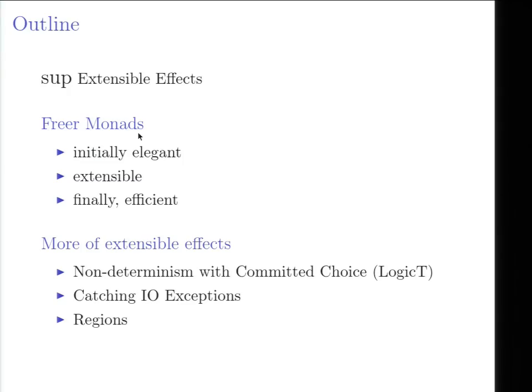The rest of the talk, in the rest of the paper, the second line should have been more over extensible effects. So the paper shows some applications of extensible effect libraries. For example, non-deterministic committed choice, catching IO exceptions in monads other than IO in the presence of any other, and the regions.